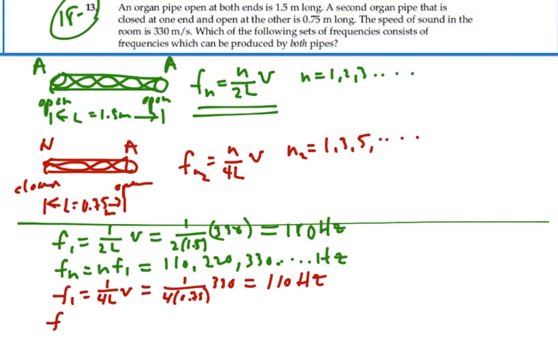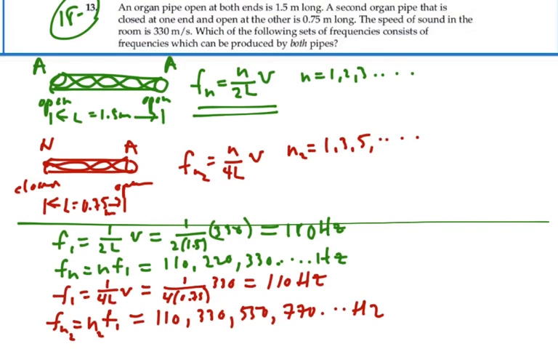However, our harmonics are, let's use n2 here, odd harmonics. So we can have a possible 110, or 3 times that, which would be 330, or 5 times that, 550, or 7 times that, 770, and so forth hertz.